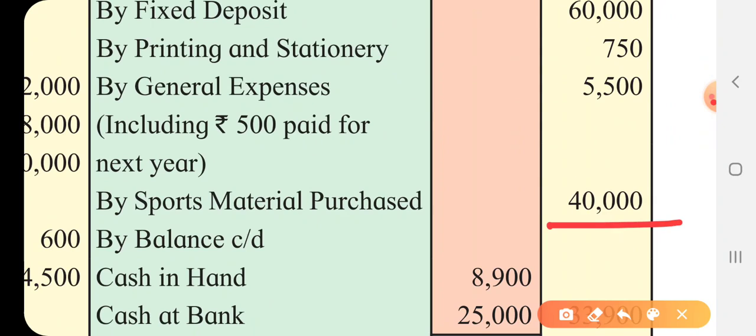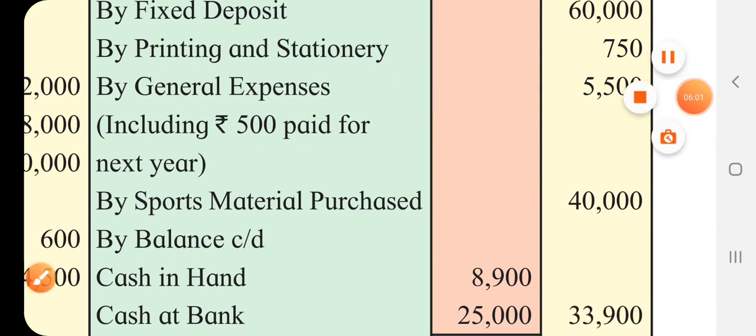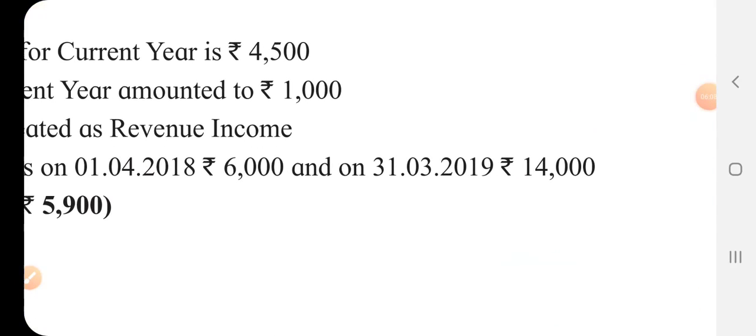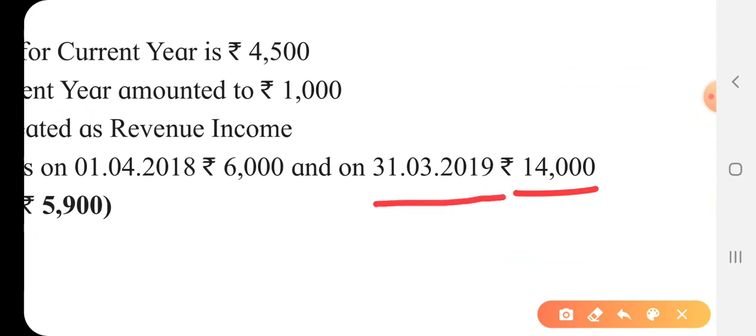Will be added to the opening stock, and then the closing stock of sports material will be deducted from that total. This is the closing stock of sports material. It will be deducted because it was not used in this year. That's why it is still there on the closing date of this year.